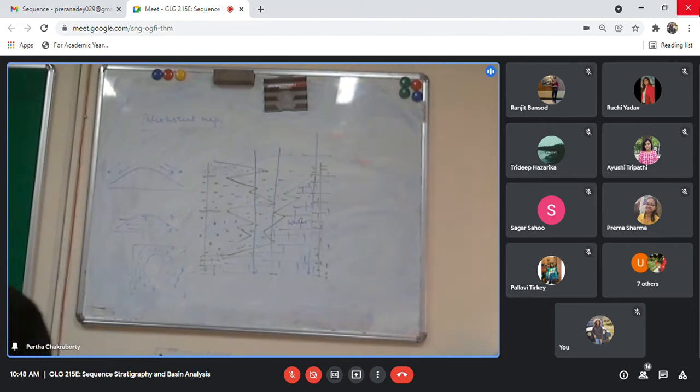Before the advent of sequence stratigraphy, if you tell me, in the world's oil and gas reservoirs, what is the percentage of sandstone acting as a reservoir for oil and gas? Any idea?